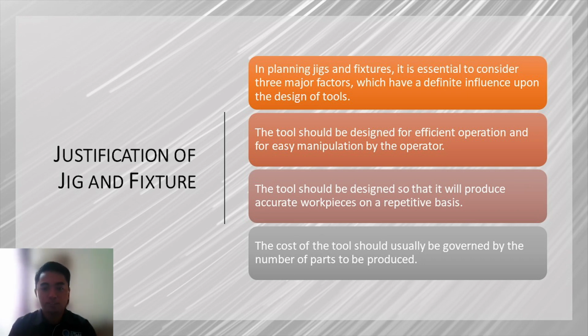The second one is the tool should be designed so that it will produce the workpiece accurately on a repetitive basis. And the last one is the cost of the tool should usually be governed by the number of parts to be produced. So to produce this jig and fixture will take some cost.